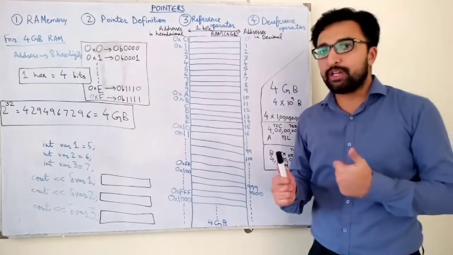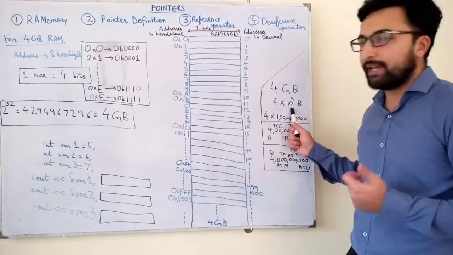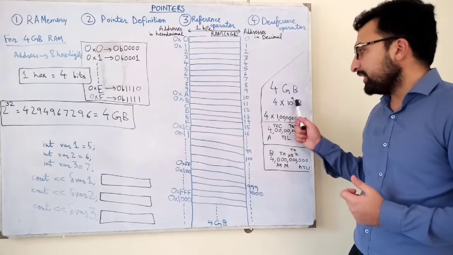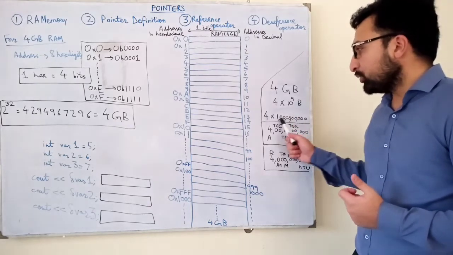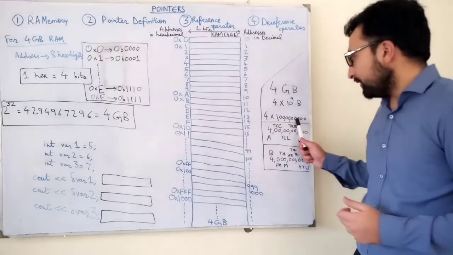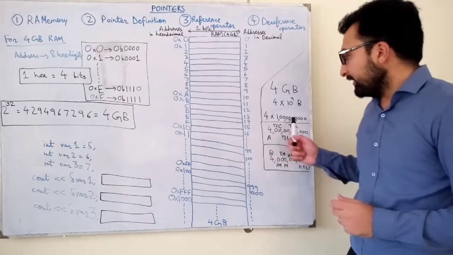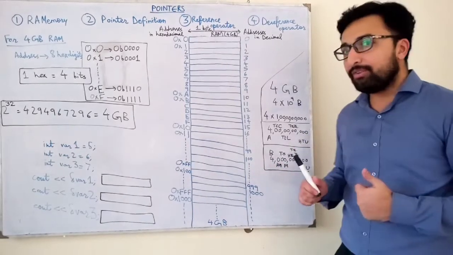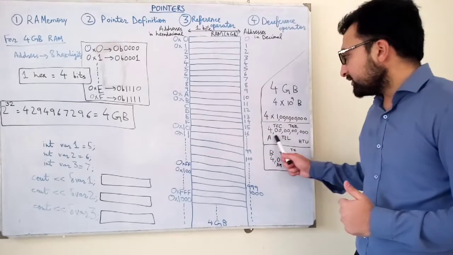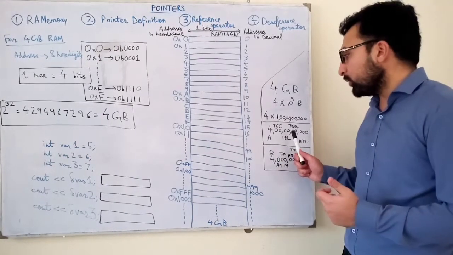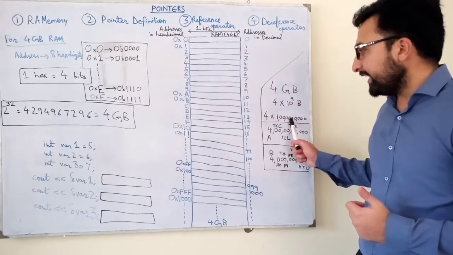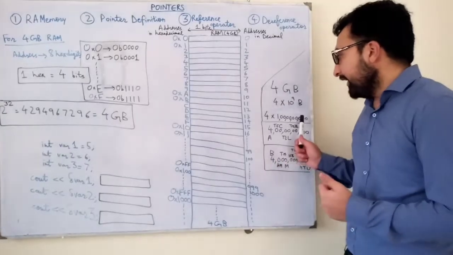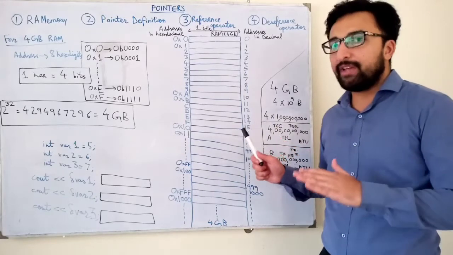4 GB basically means 4 gigabytes, and giga is equal to 10 raised to the power 9. And 10 raised to the power 9 means that we have 9 zeros after the 1: 1, 2, 3, 4, 5, 6, 7, 8, 9. Actually, 4 GB is not exactly equal to this, but for the ease of understanding, we have developed a rough estimate.